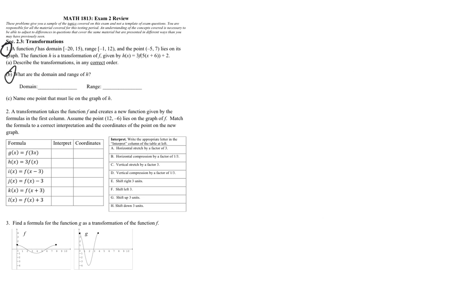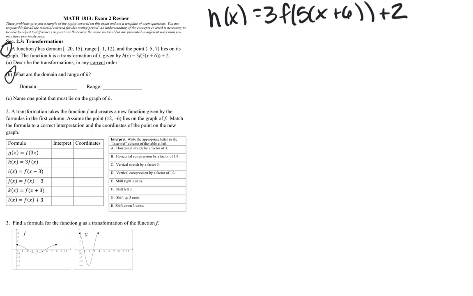Okay, so part B is asking us the domain and range of our function h. Again, we'll have h(x) up here. I'm going to highlight the transformations that apply to our domain, and then the transformations that apply to our range.